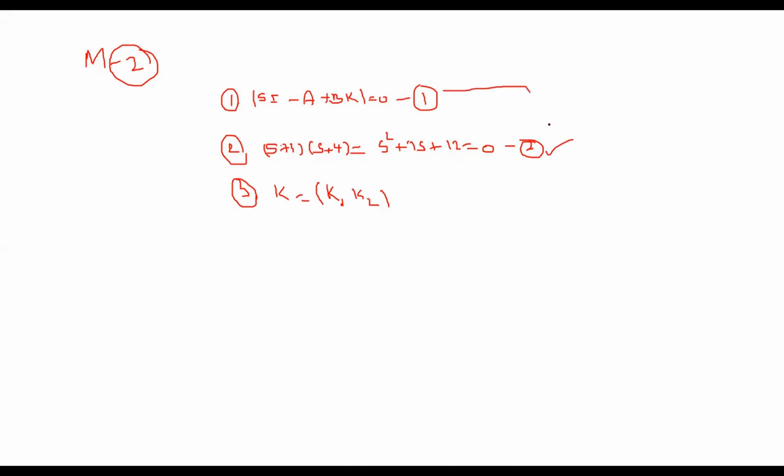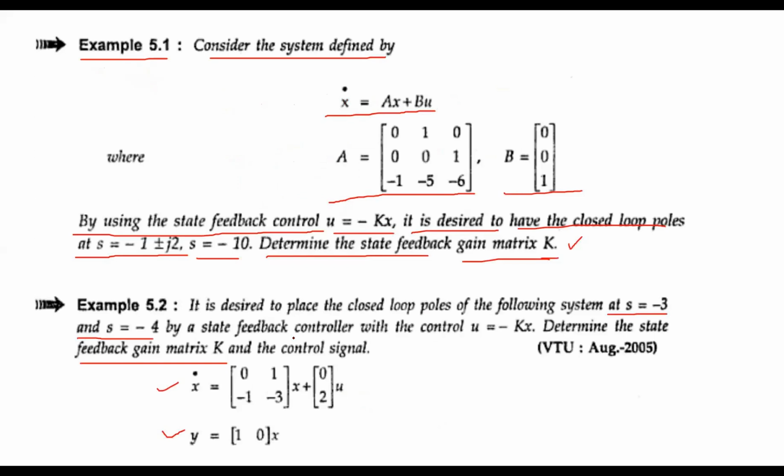Now equating 1 and 2, I will get the matrix K. Now solve equations 1 and 2. We will get matrix K, that is K1, K2. Okay. I hope everyone understands. Please note down problems 1 and 2, or else take a screenshot. Find the values of gain matrix K, and I can verify in the next class. Okay, thank you.